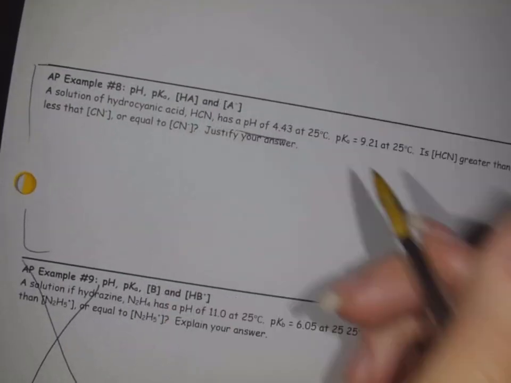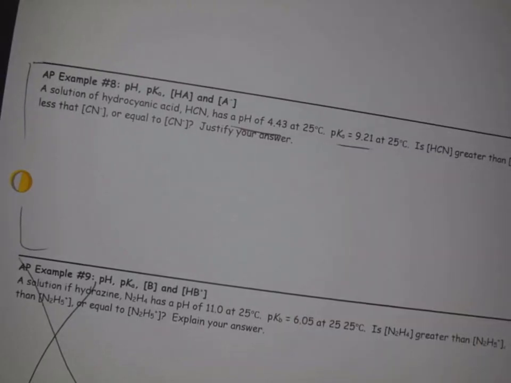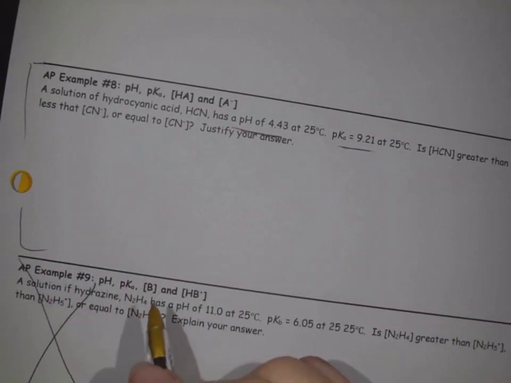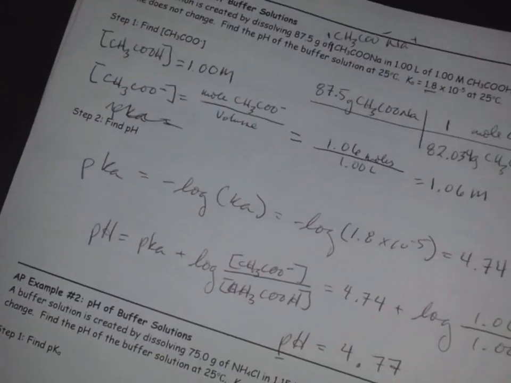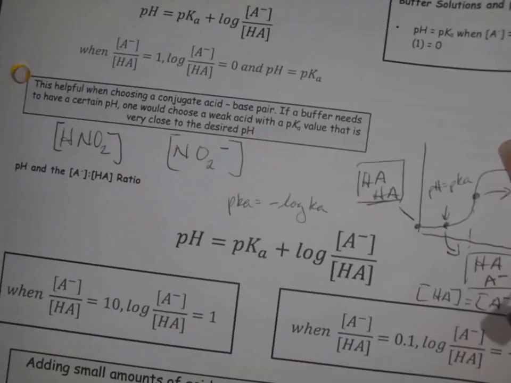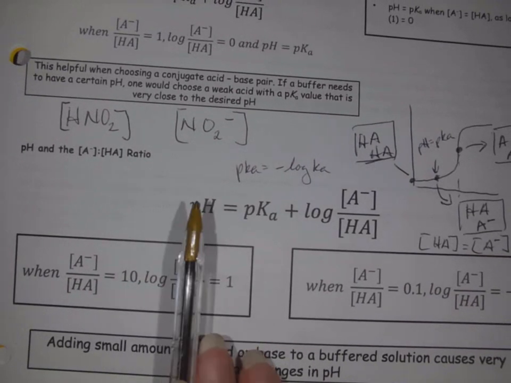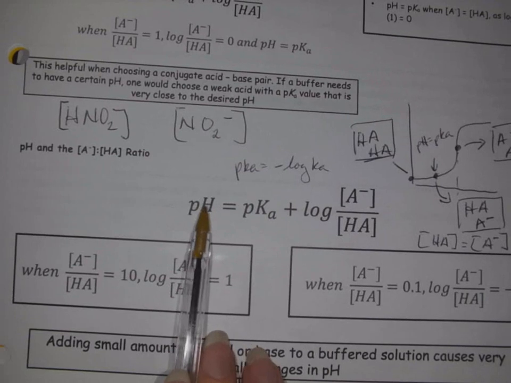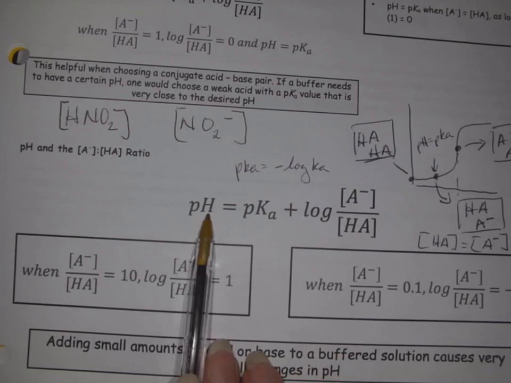We have a pH and we have a pKa. And so remember what I was telling you? When our pH is lower than our pKa, that means that we had more of the acid in there. Okay?